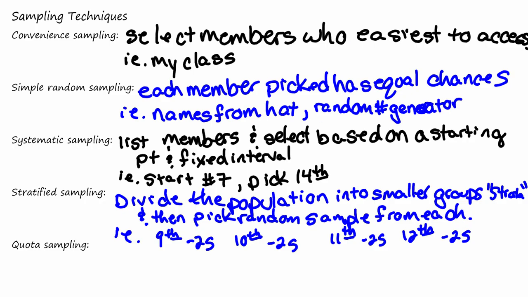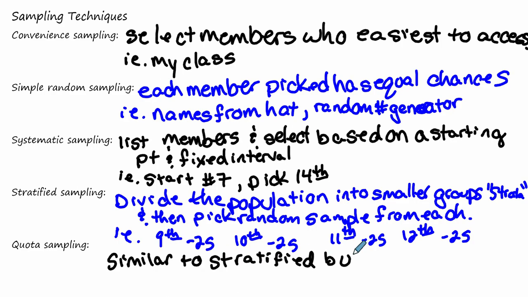And then we have quota sampling, which is similar to stratified, but now it's a sample proportional to the group size.